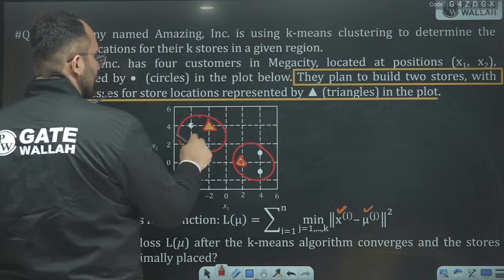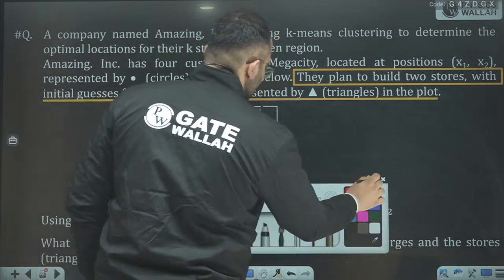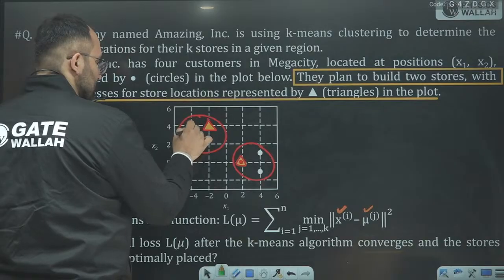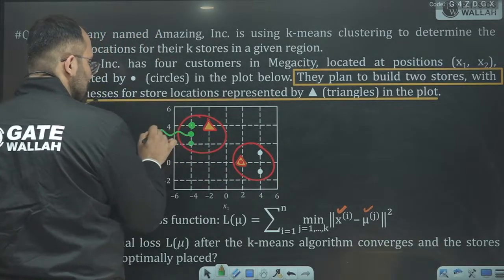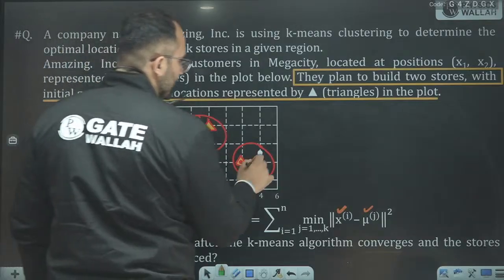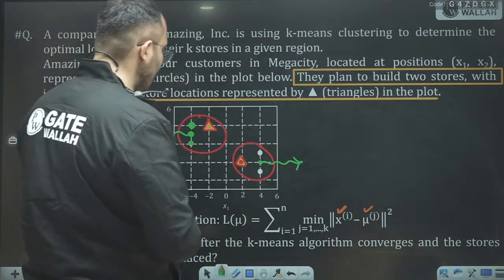So these 2 points will go into one cluster, and these 2 points will go into the other cluster, and the mean location will be the store location for these points. Now we have to find the loss function.